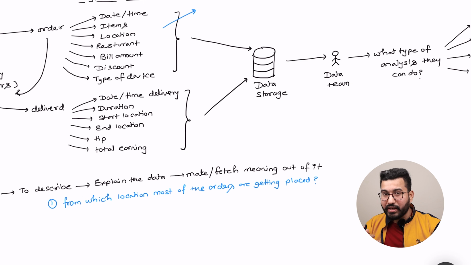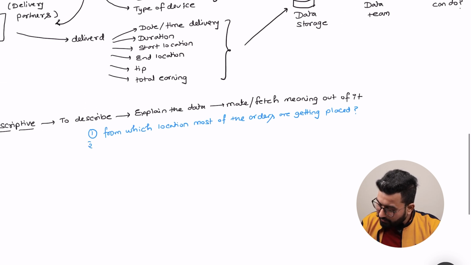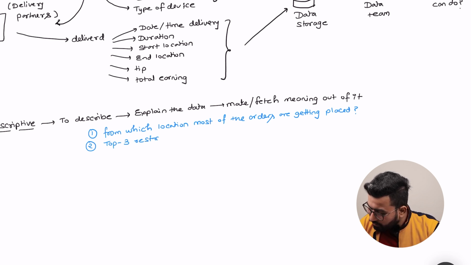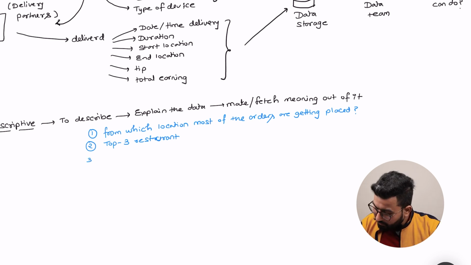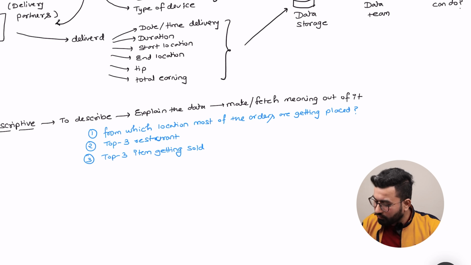So this is helping me to understand the data. Let's say I want to understand the top 3 restaurants. Now this will again help me to understand the data, right? That is, what are the restaurants that are popular among the users. Number third, top 3 items getting sold.